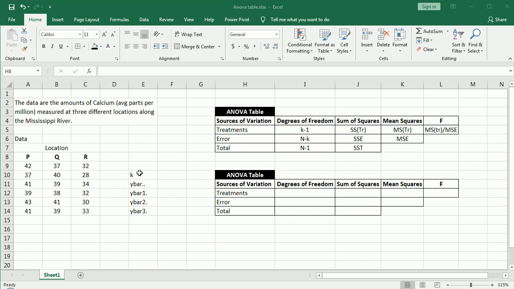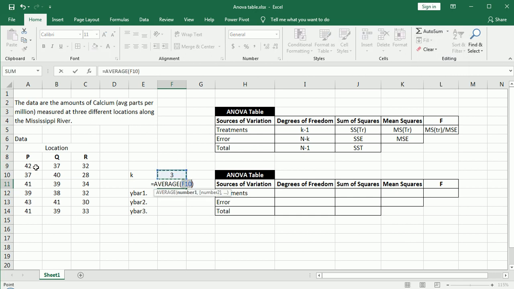Before we do, there's a couple things that will be super useful for us, so we're going to get a couple things out of the way. Remember, K is the number of groups. Y bar dot dot is the average of all the observations.